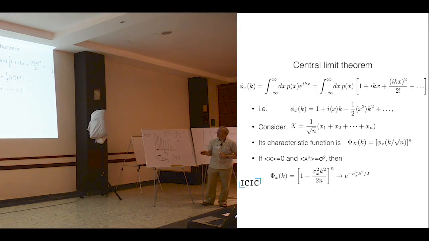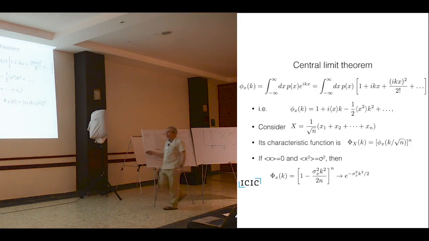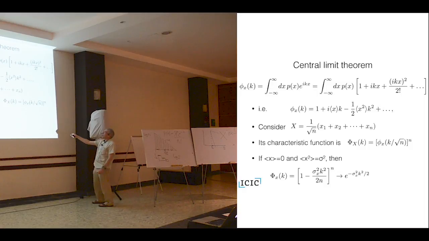The characteristic function for this sum is, well, it's almost the product of the individual characteristic functions, but because of the appearance of root n in here, if I replace the x's by x over root n, and the x squared by x squared over n, so we just reintroduce the power of n for each term.